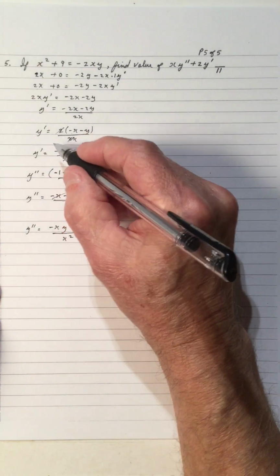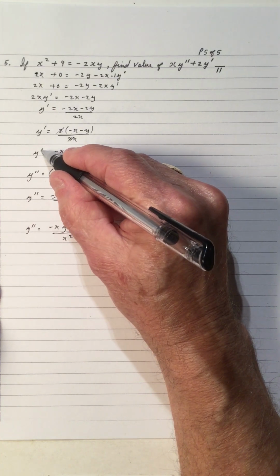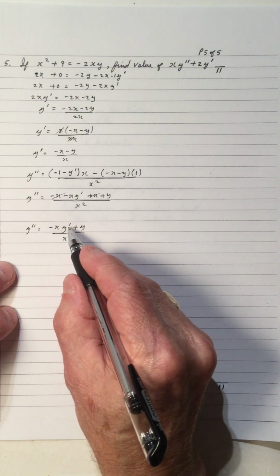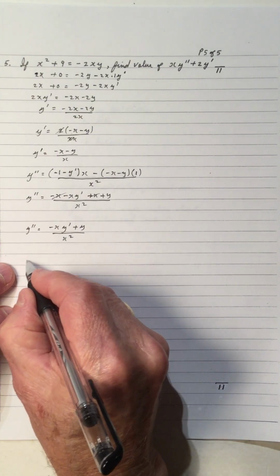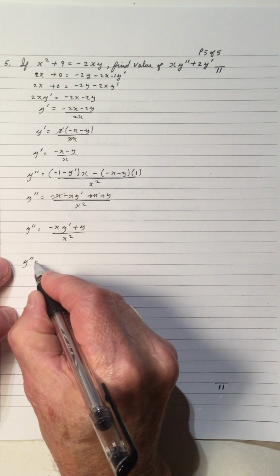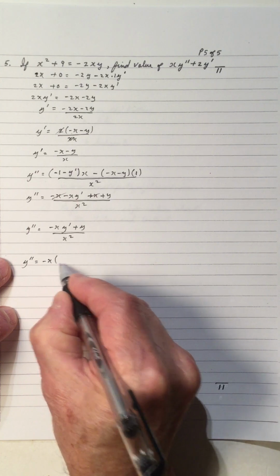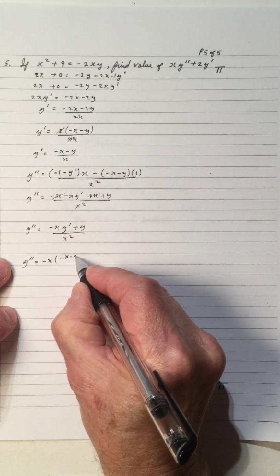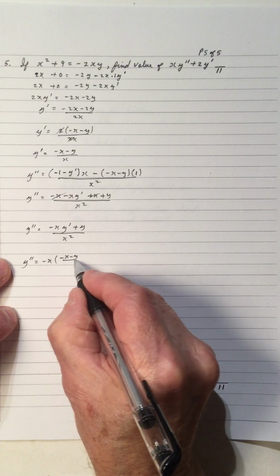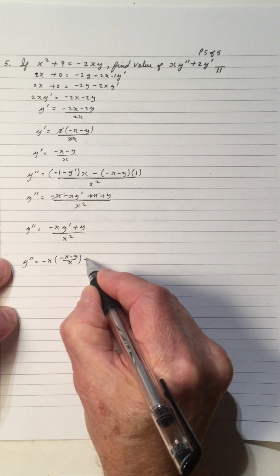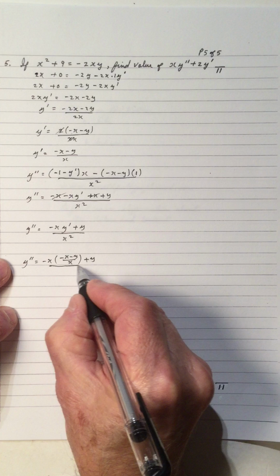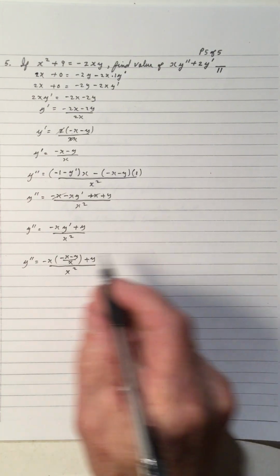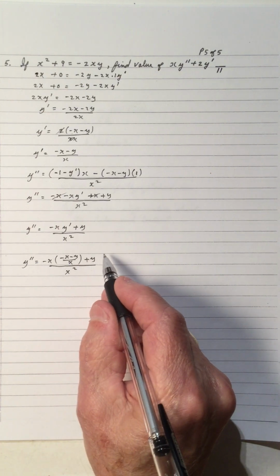So now we know what y prime is in terms of x and y, and y double prime has a y prime in it. So that means that y double prime is negative x, and y prime is negative x minus y over x, plus y. So what I'm doing is I'm making y prime in terms of x and y.